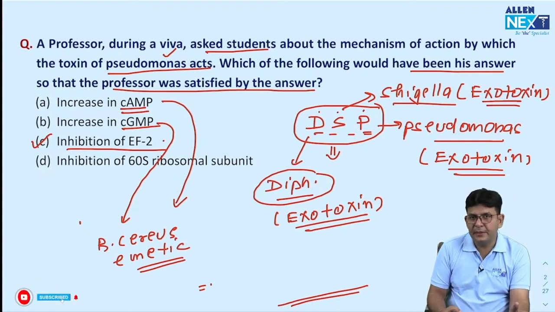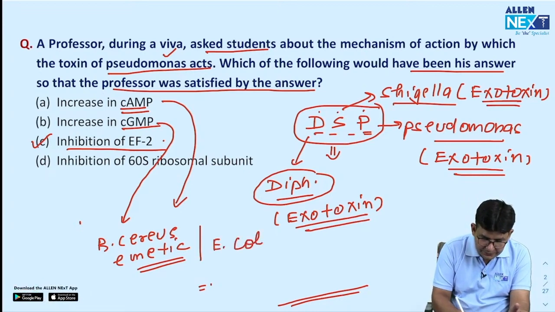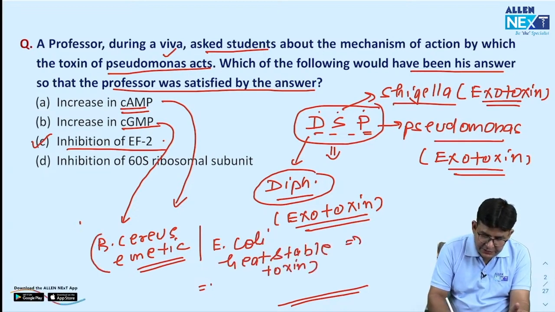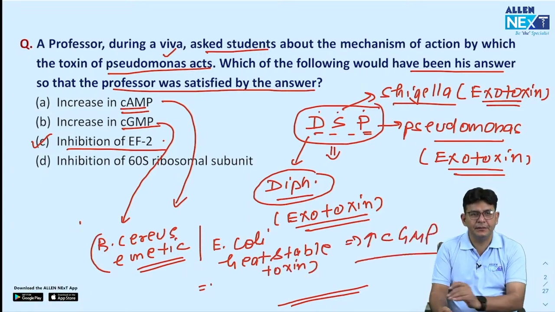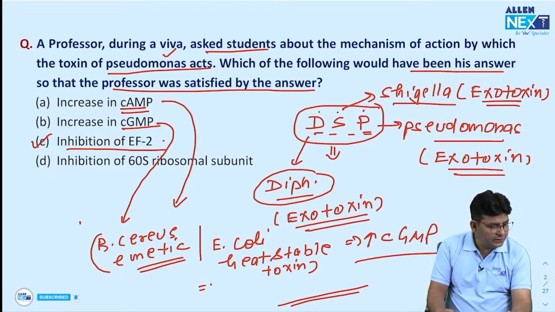So Bacillus cereus emetic one, along with E. coli heat stable toxin. For both of them, the mechanism of action is increase in cyclic GMP. And what is GMP? Guanosine monophosphate.